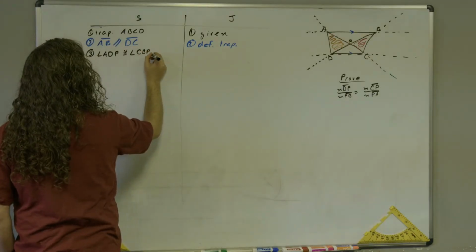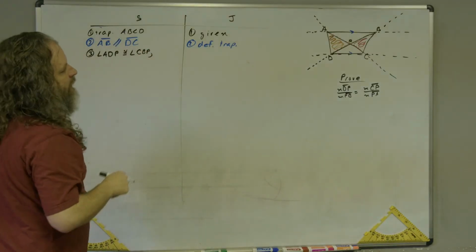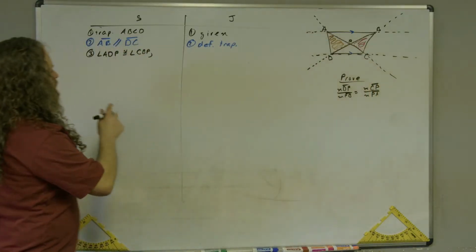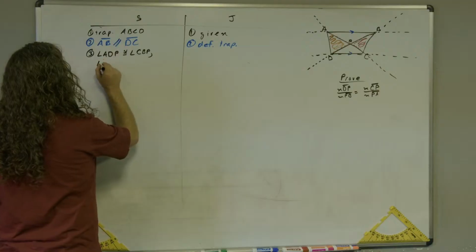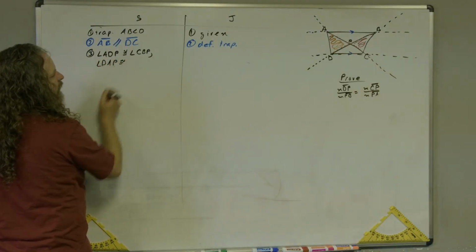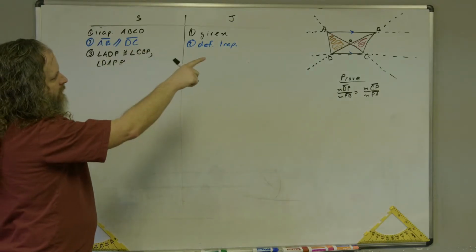CBP. Let's go ahead, because it's the same justification, let's go ahead and get these two, right? So we've got DAP is congruent to angle BCP.